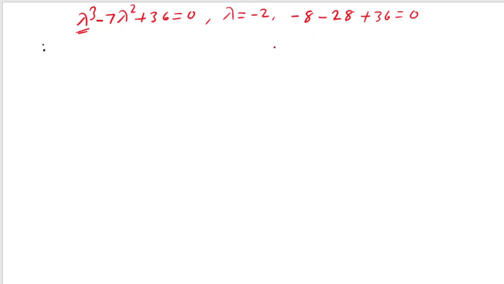Okay, so it means that lambda is equal to minus 2 is a root of this equation, means lambda plus 2 is a factor, right? There is a theorem which you have studied in school as factor theorem. So lambda plus 2 will be a factor of this. Now I know that one of the roots is minus 2. Since it is a cubic equation, we have to get 3 roots. So I need to factorize it further.